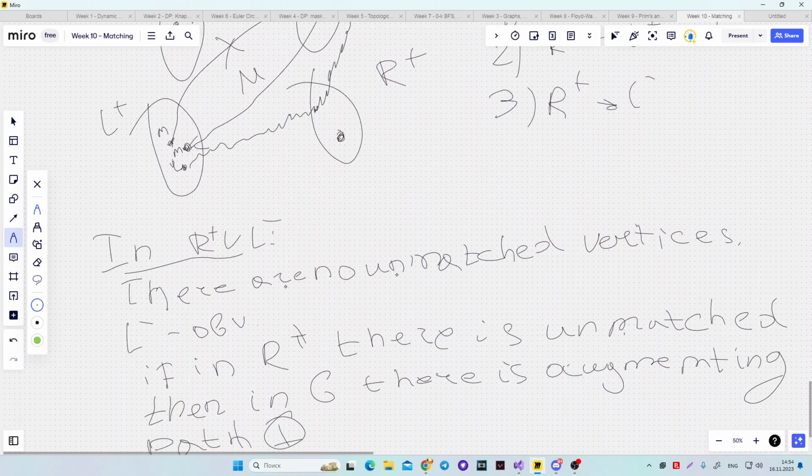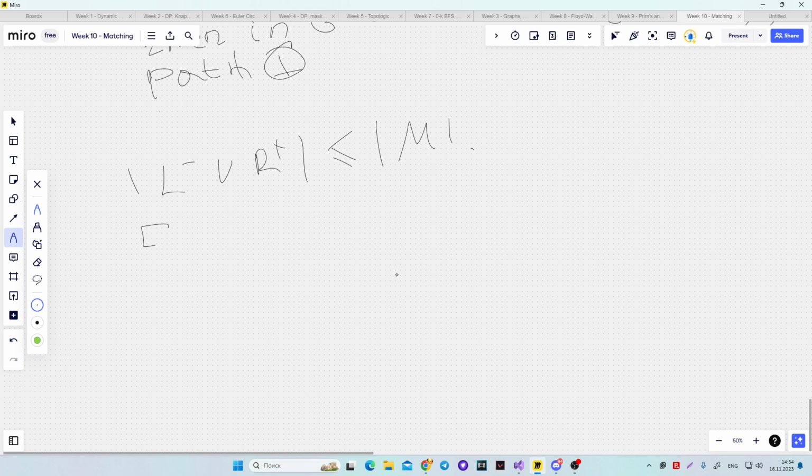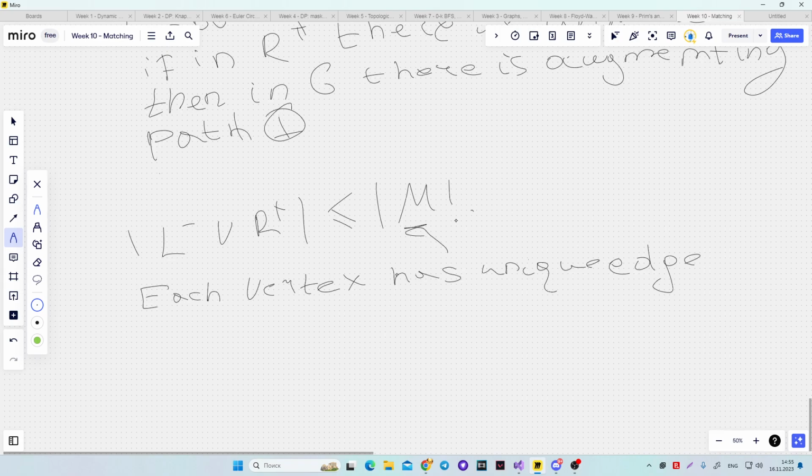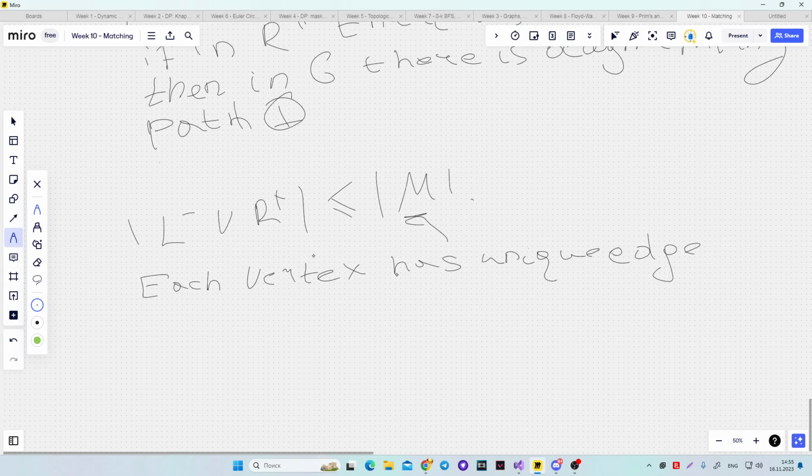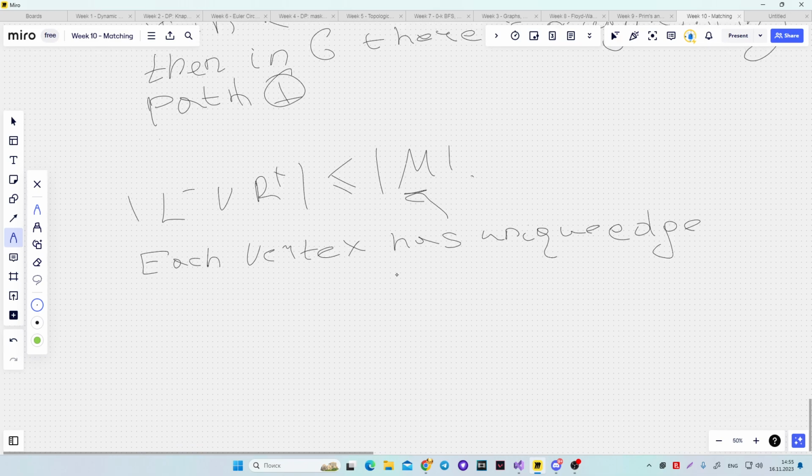And we get this estimate. But we want to prove that L minus union R plus is equal to M.